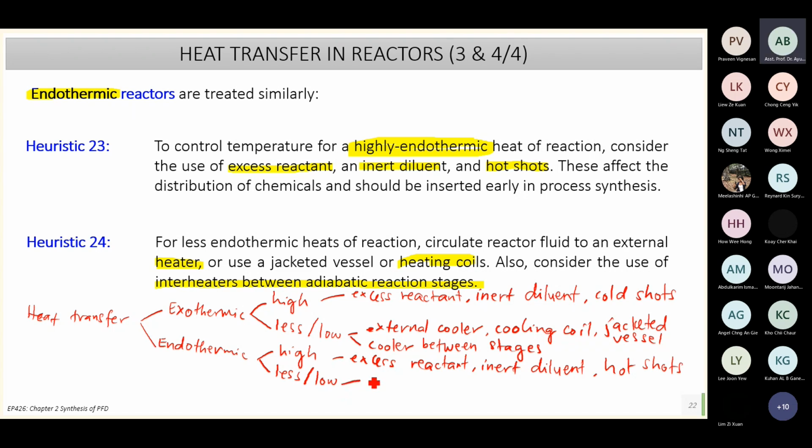For the less endothermic, an external heater, then a heater between stages.